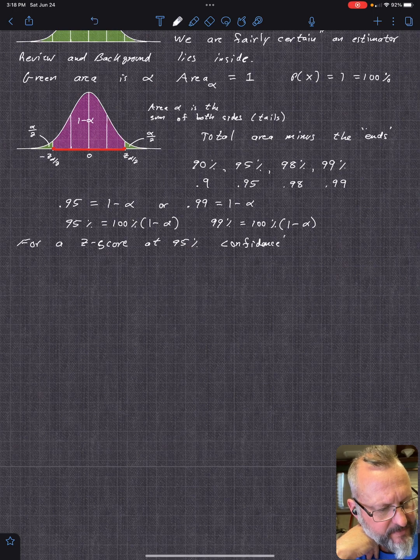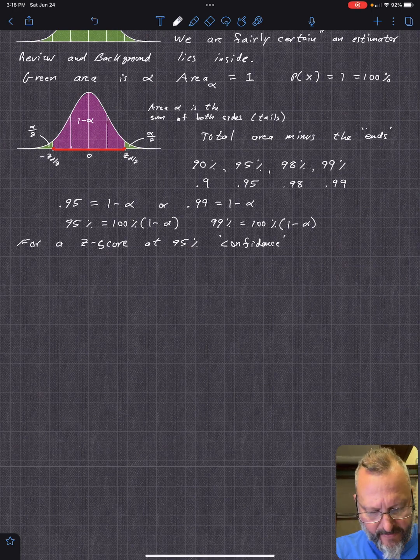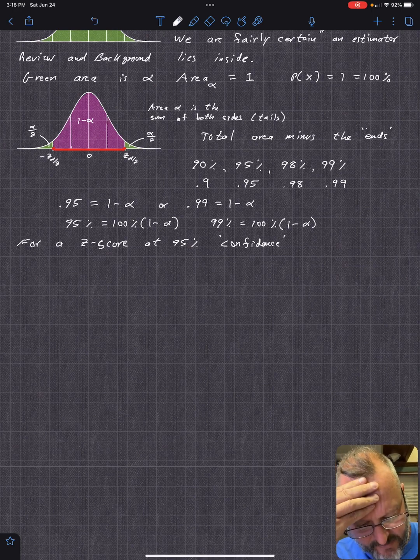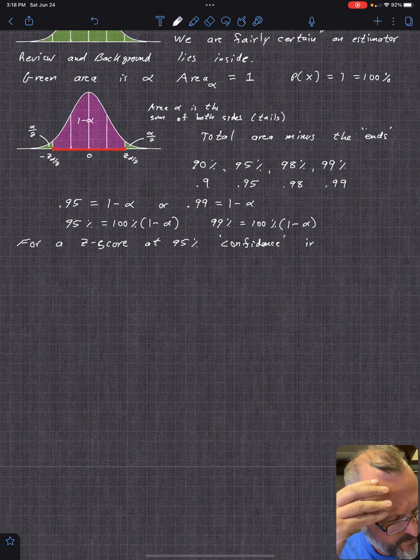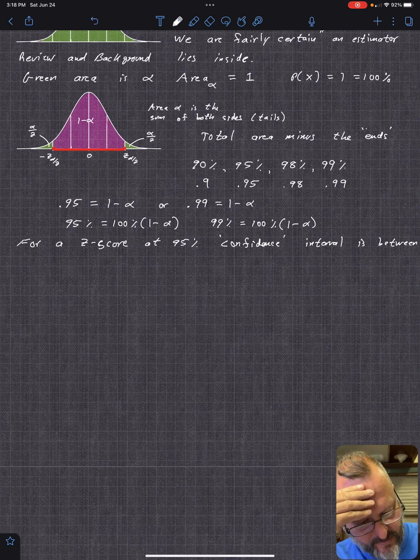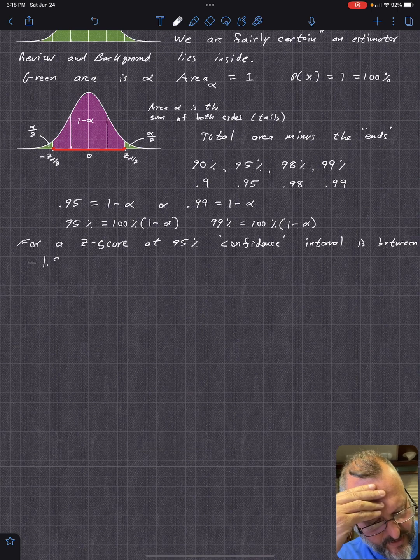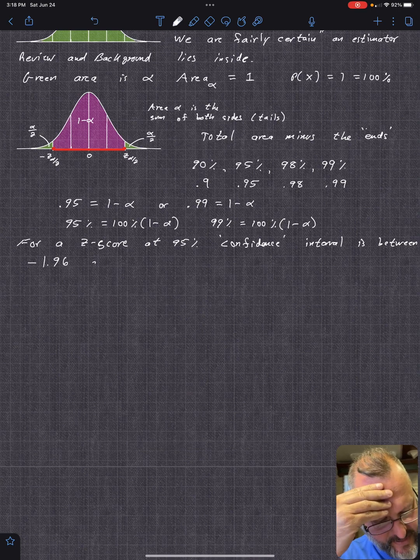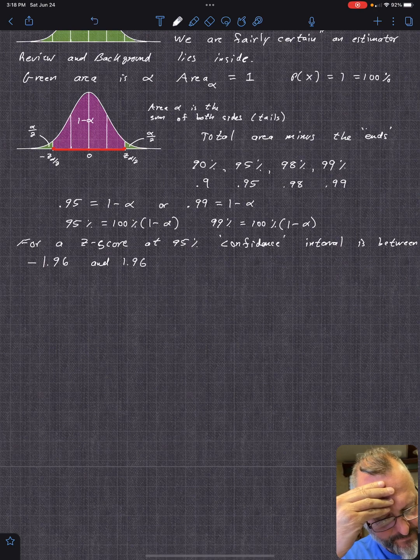So this is some of the language that we use. The 95% confidence interval is between negative 1.96 and 1.96.